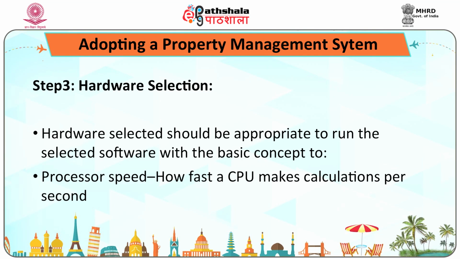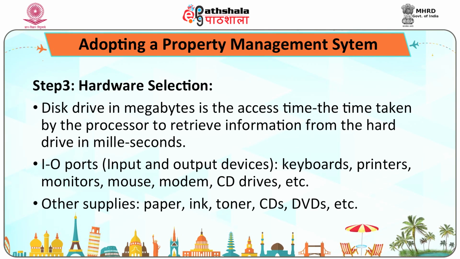Now I shall be talking about hardware selection. Hardware selected should be appropriate to run the selected software. With the basic concepts, one is processor speed, how fast the CPU makes calculations per second. Next is the disk drive in megabytes and access time, the time taken by the processor to retrieve information from the hardware, in milliseconds.